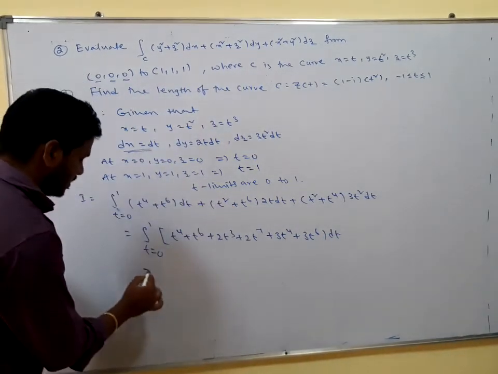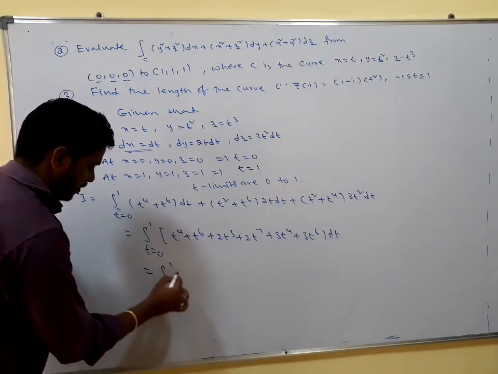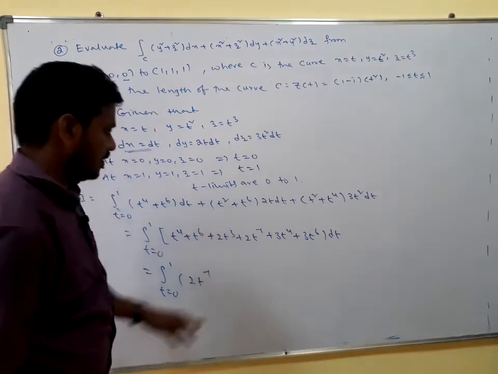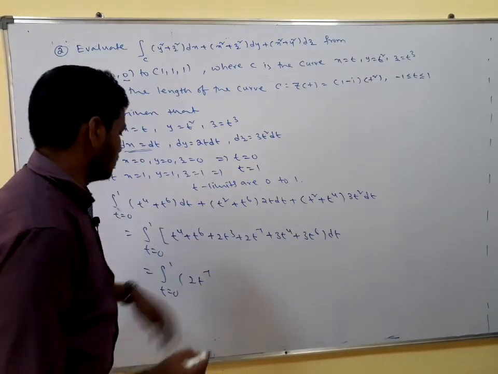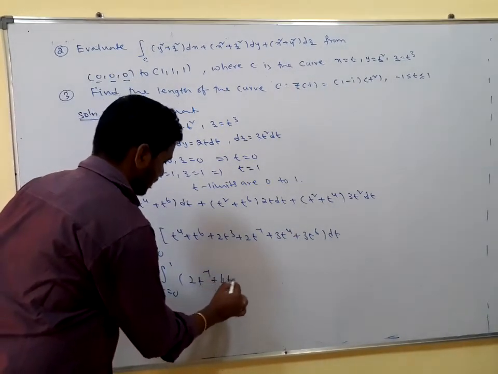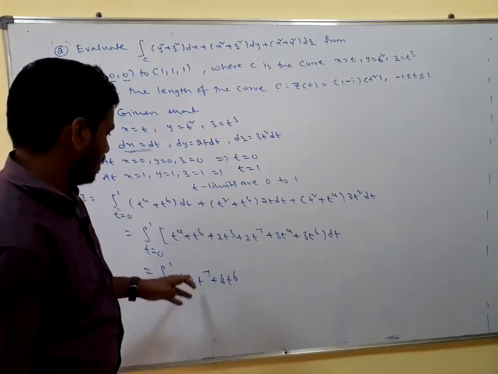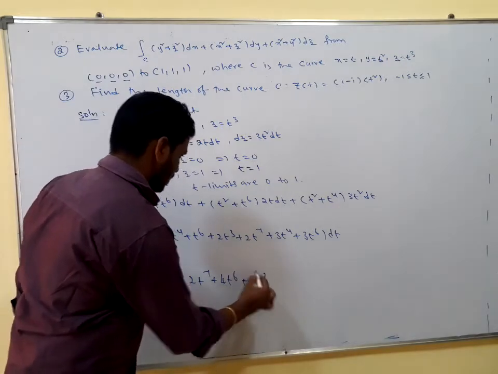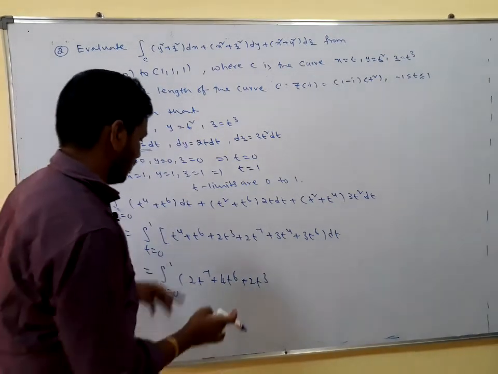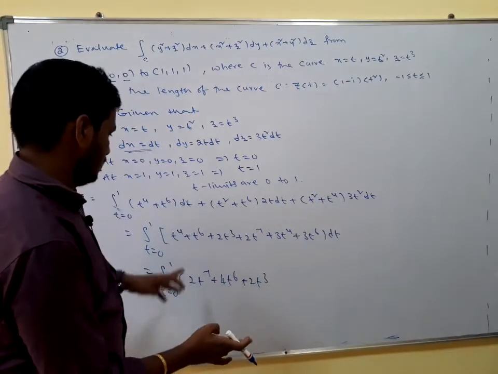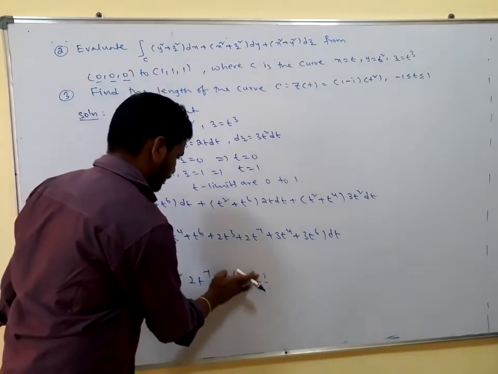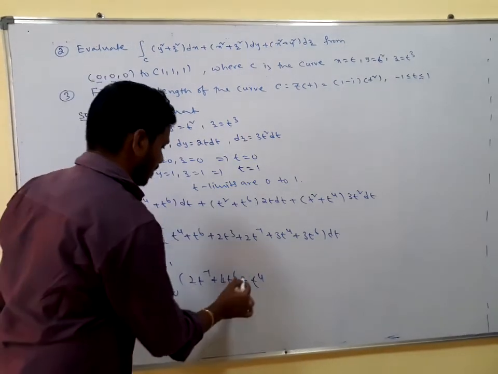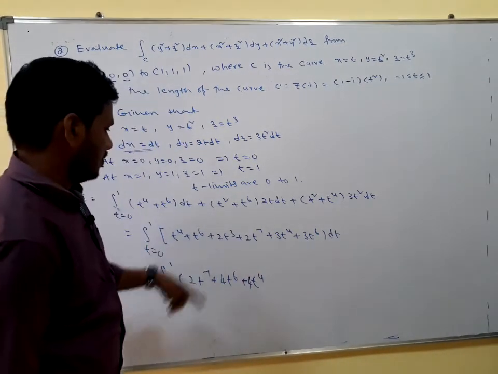This can be written as the integral from 0 to 1 of 2t to the power of 7, plus 4t to the power of 6, plus 4t to the power of 4, plus 2t cube, dt.